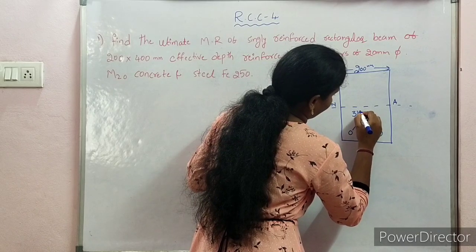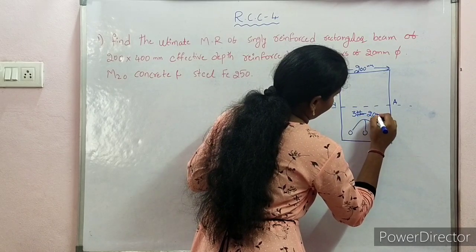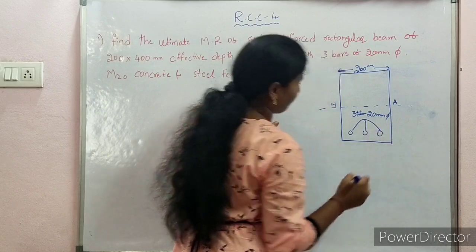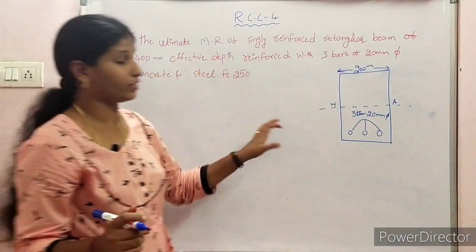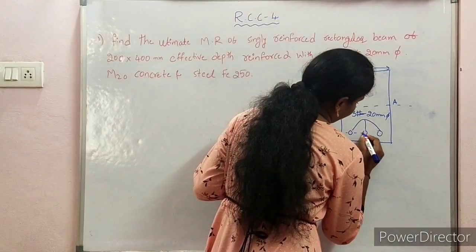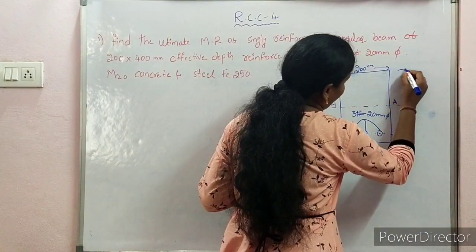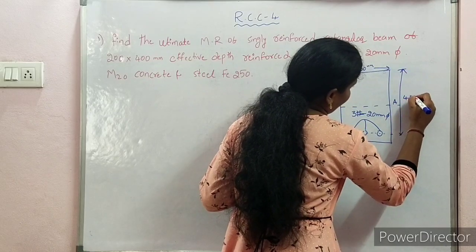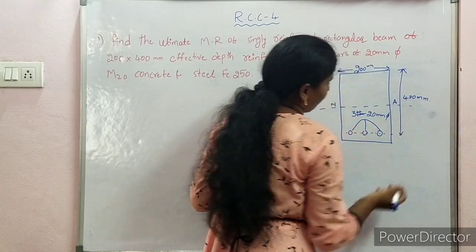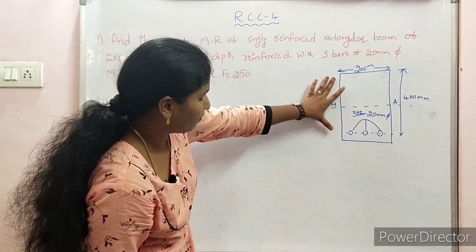Three bars of 20 mm dia. Here 400 mm is the effective depth. Effective depth means the center of the bar to the top of the compression zone. That is 400 mm. Overall depth means the overall depth of the beam.